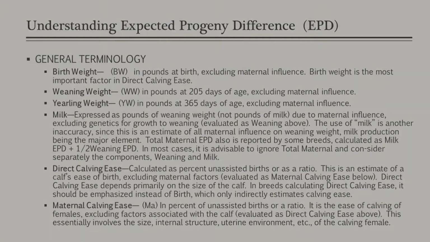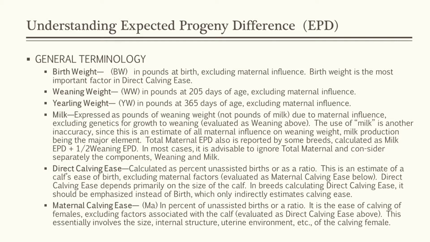So I need as many live births as possible, and I want a very high, very accurate calving ease EPD on the bull that I choose. Then I want to look at weaning weight EPD. Those are two that I would be interested in if I were a cow-calf producer.